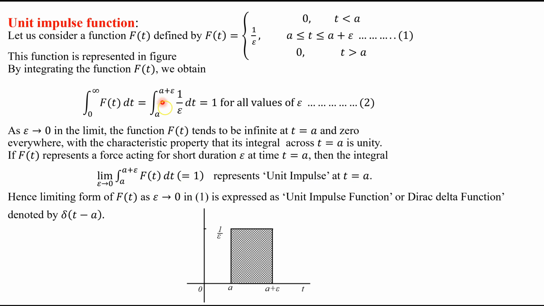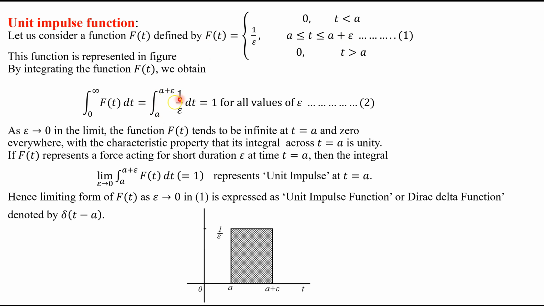Here we take the integral 0 to infinity f of t dt, which is equal to the integral a to a plus epsilon 1 upon epsilon dt, because f of t doesn't exist at 0 and at infinity; only in the interval a to a plus epsilon does f of t exist. When you evaluate this integral, 1 upon epsilon is constant, and the integration of dt is t from a to a plus epsilon.